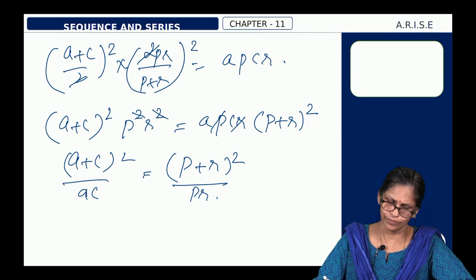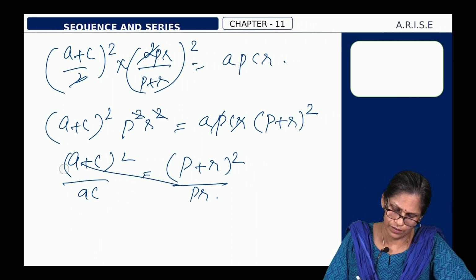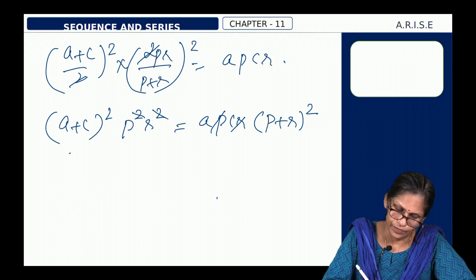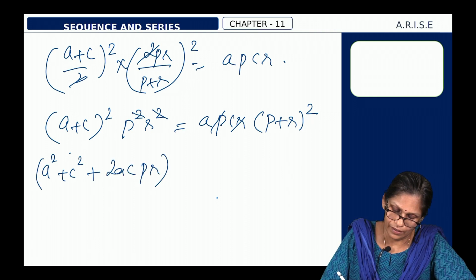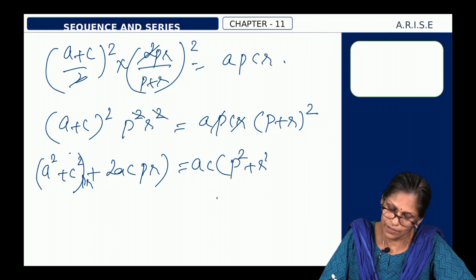So, you have A squared plus C squared plus 2AC into PR is equal to AC into P squared plus R squared plus AC PR.